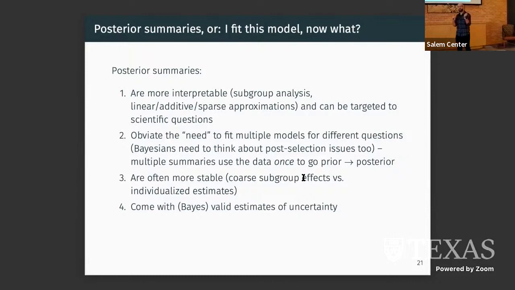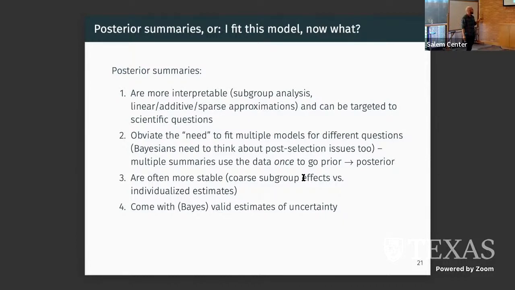If we try to approximate them with something that's additive or linear, we tend to get estimates that are a little bit more stable. You can think about it as having fewer degrees of freedom than you had in the original model. So they're going to tend to be more stable, more well estimated, and more precise. So you can think of it as some improved power, with a lot of quotes.